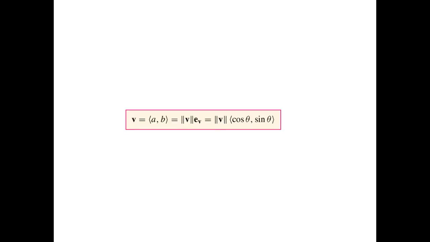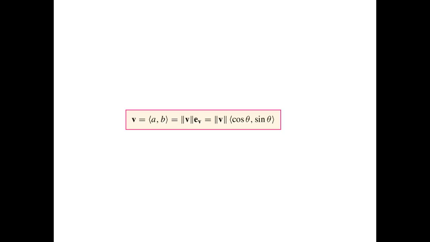They write this as (V1, V2), which is later going to be a standard notation for us. And that's equal to the magnitude of V, the square root of a squared plus b squared, or the square root of v1 squared plus v2 squared, times this unit vector in the direction.